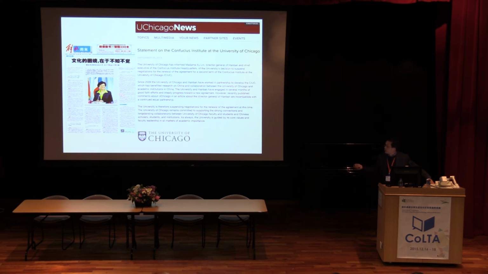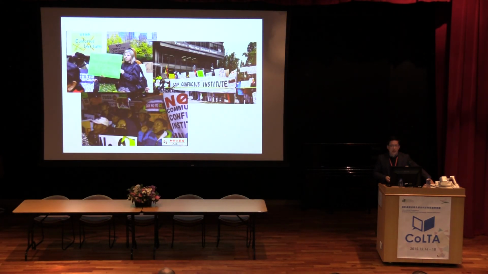Because of a news report in China mentioning the negotiation, there was a very strong stance expressed by the Hanban, and the University of Chicago professors reacted very negatively. They talked about not renewing the contract. Similar things happened elsewhere.